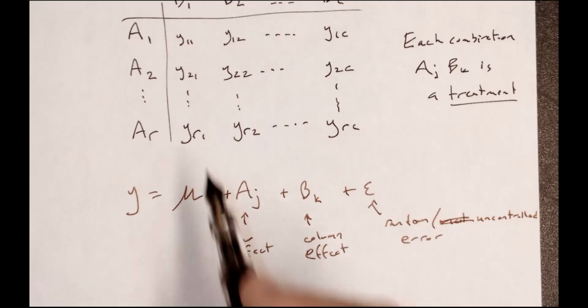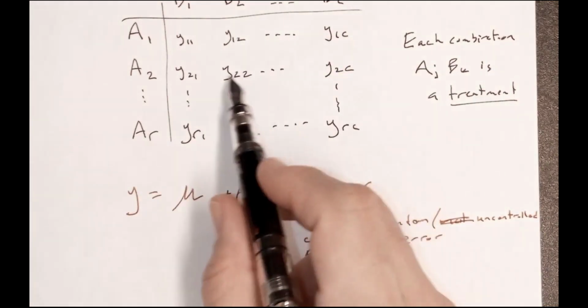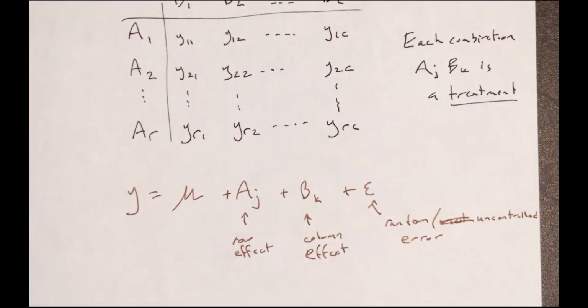And so for each possible J and K, this number is going to be somehow a combination of those things.